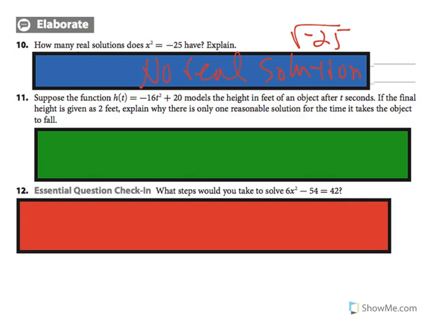When we measure time, it's always in terms of a positive. So the equation you set up is negative 2 equal to negative 16t squared plus 20, and the time must always be positive.